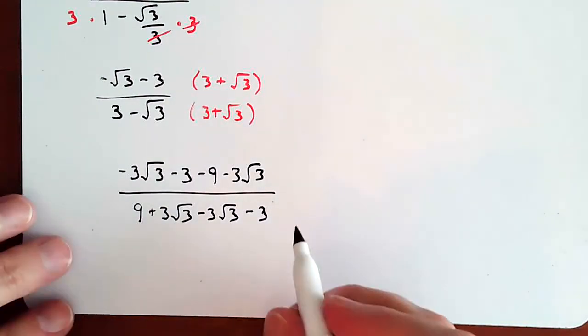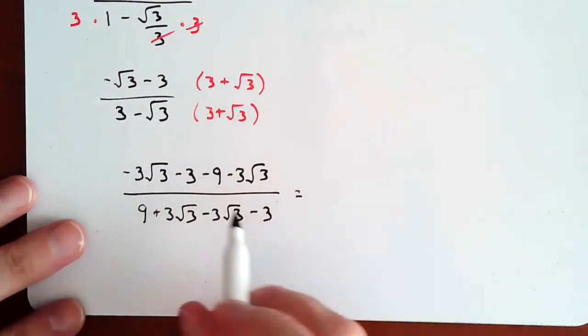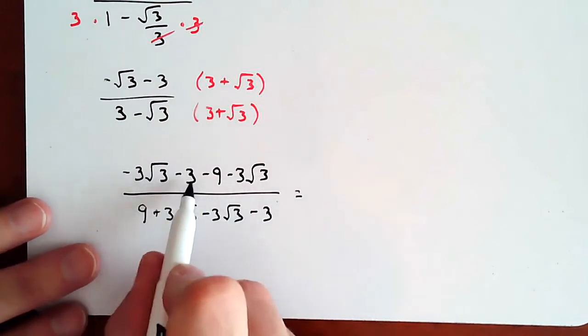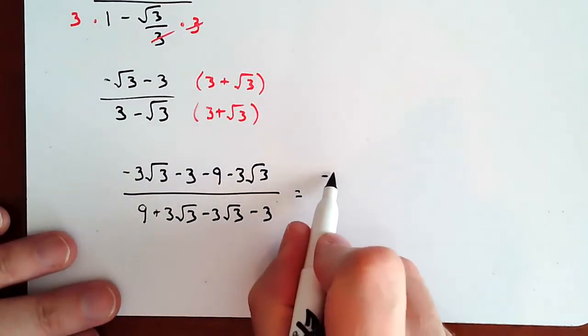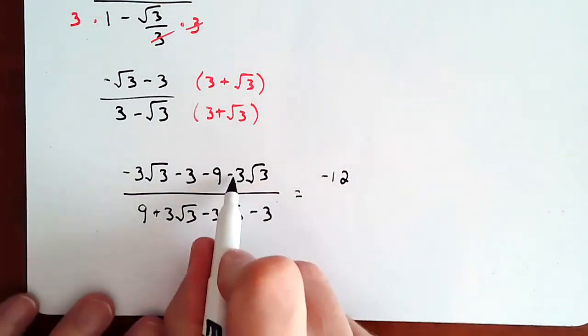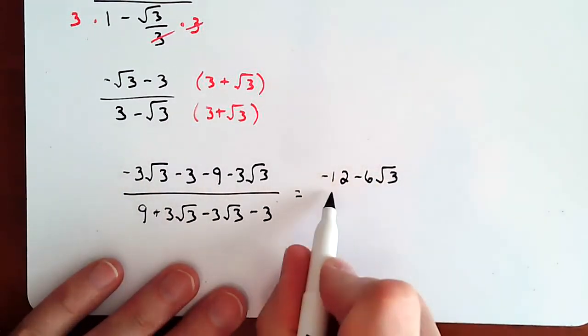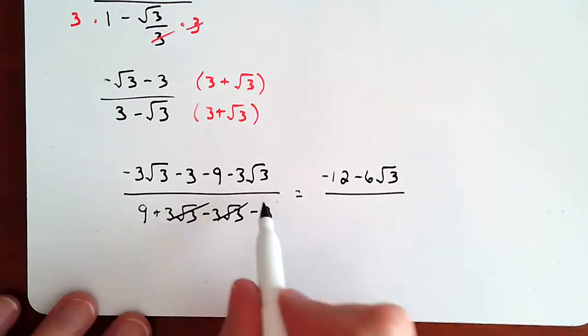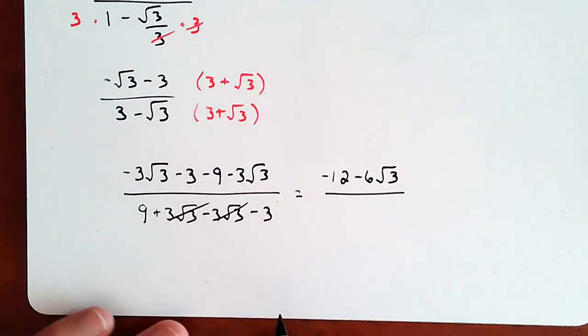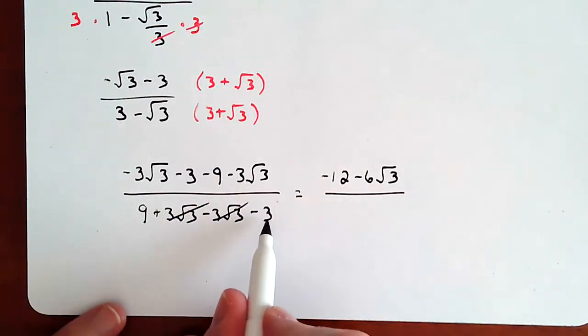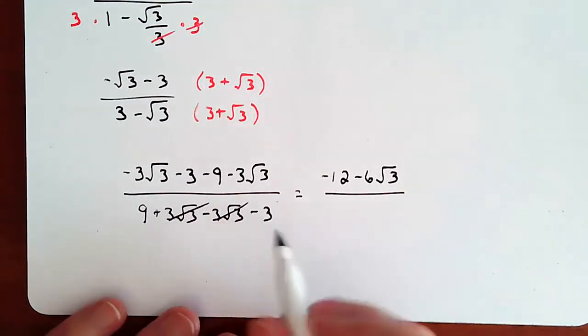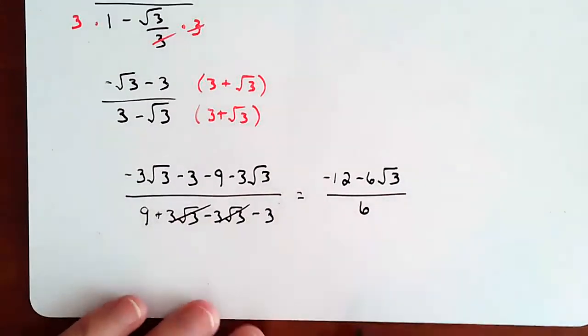All right, so we put some of that stuff together. I'll start working across here. So we have a negative 12 minus 6 root 3 divided by these two go away. And our goal was to not have a square root in the denominator, which we're about to get. And that makes 6.